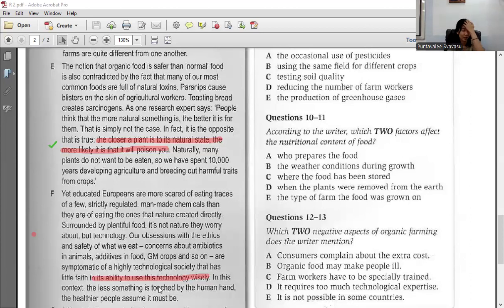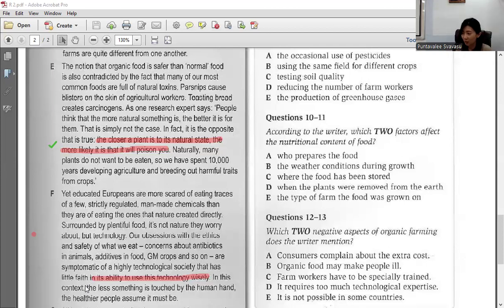So this part here, they say we cannot really use it wisely. They try to trick you, as this part actually talks about technology. And then the society has little faith, so it means that they don't believe in technology.